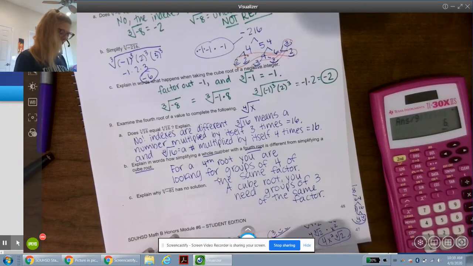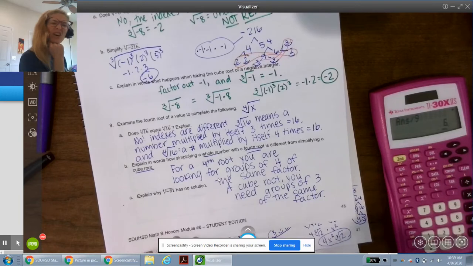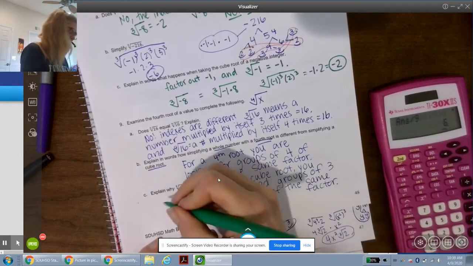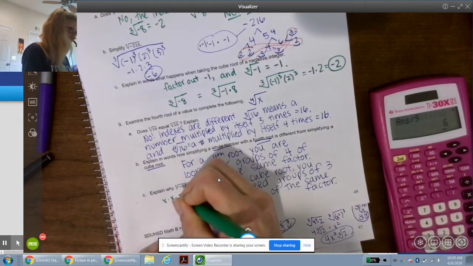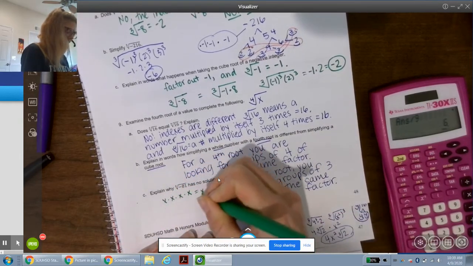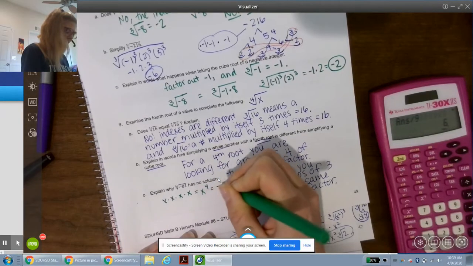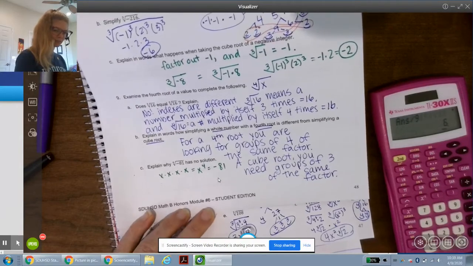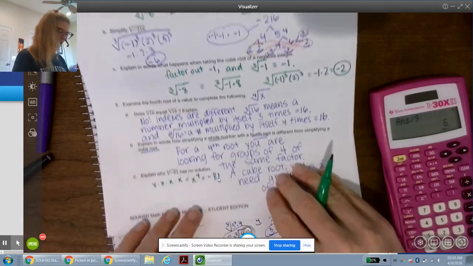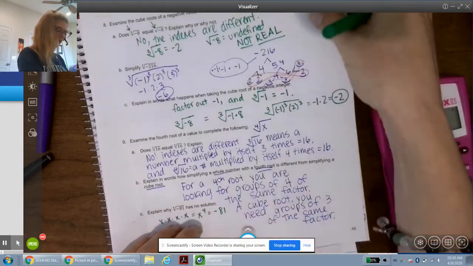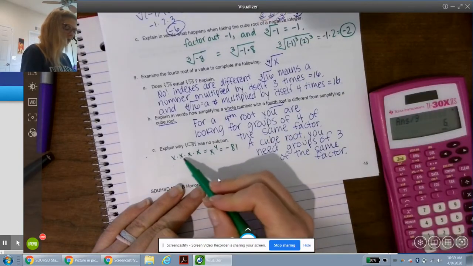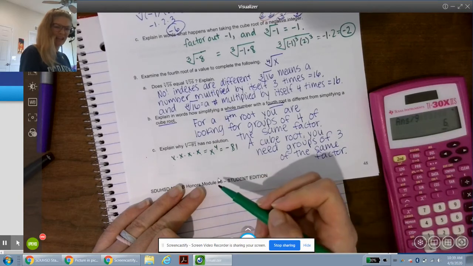Let's see, explain why the 4th root of negative 81 has no solution. No solution. Well, what does a 4th root mean? A 4th root means some number times itself 4 times is going to be equal to negative 81. Well, thinking about that, can any number multiplied by itself 4 times equal a negative?